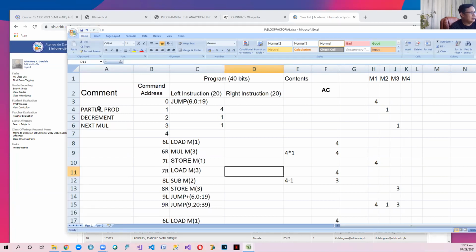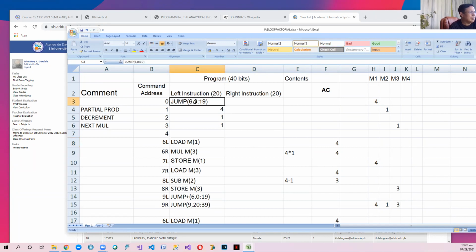This is the first version, our first attempt. We will have a problem later. This is a conversion from the analytical engine. Do you follow? We'll analyze this. This is just a repetition of compute the next partial product and compute the next multiplier.